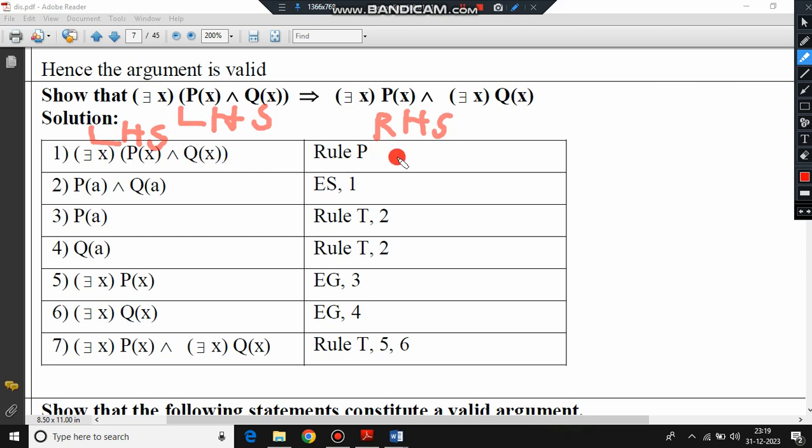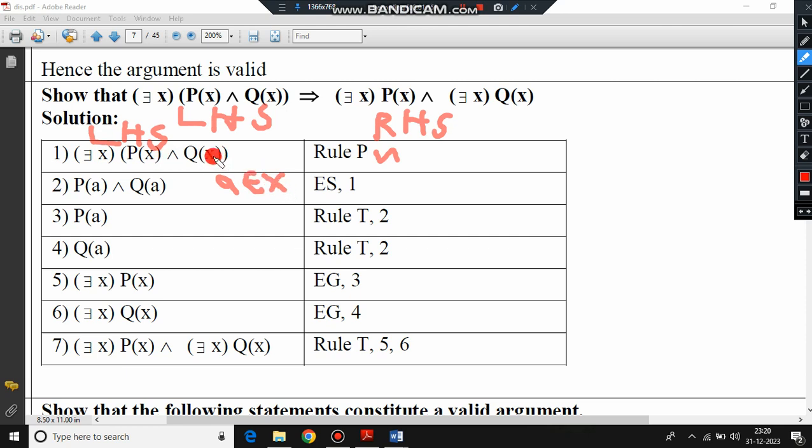This is the premise given to us. Second one, we are using existential specification. That means there exists some x with p of x and q of x, so that rule can be applied for a particular element a belonging to the domain.